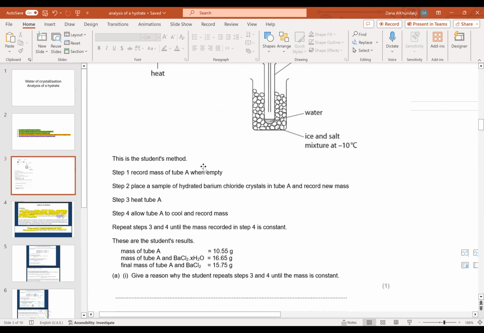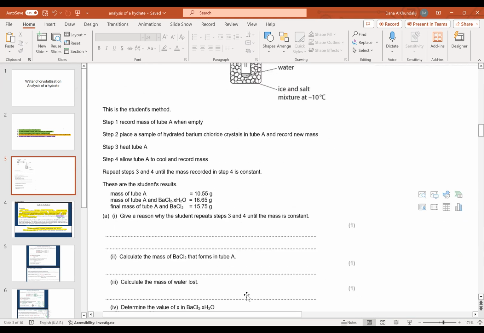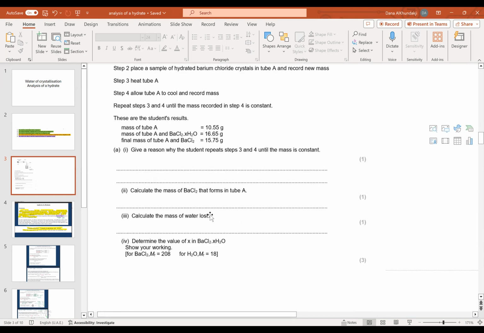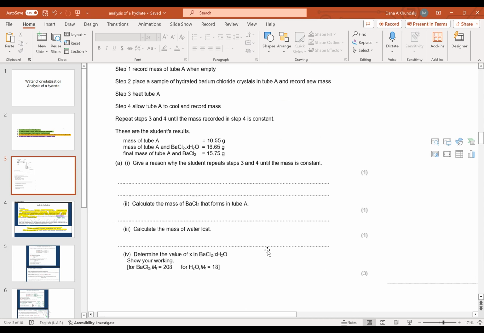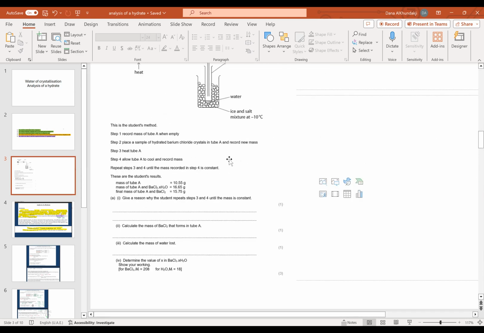Some data is given to you with the steps along with the procedure. Then they ask you a few questions about the experimental procedure, and then you will be finding the value of X, which is how many moles of water are attached. So at the end of this video, you should be able to answer this question. We will go through it.